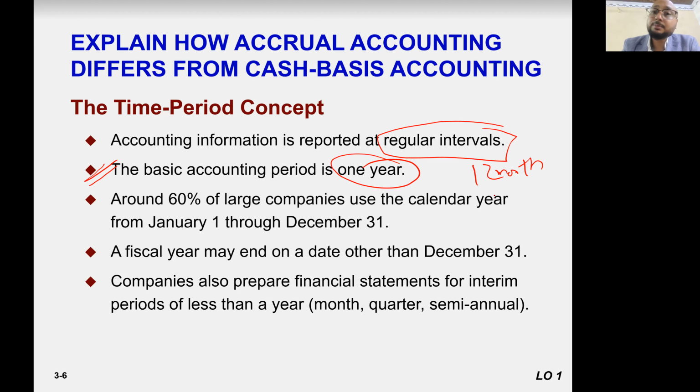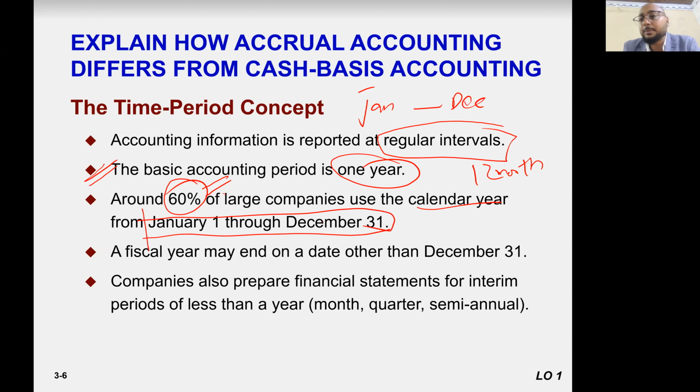But it can vary from January to December. Some use January to December, some use June to June, right? Or 1st July to 30th June. In the US, 60% of large companies use the calendar year, January to December, because this book is US centric.